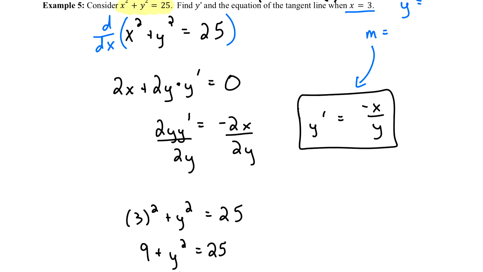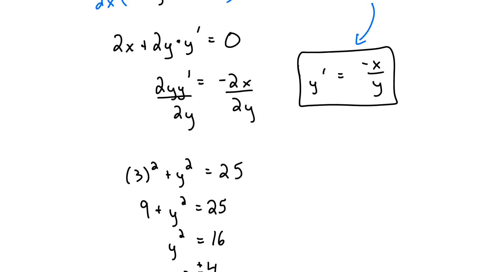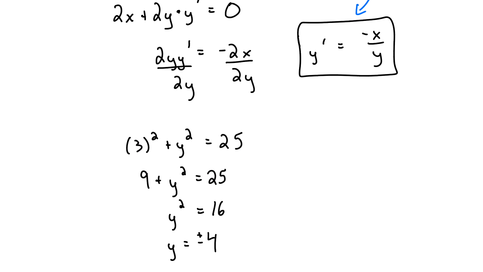What's cool about implicit differentiation is that we can work with things that are not functions. If you were to graph this equation, and I have some pictures up right below this video, it's actually the graph of a circle. Now, I said to write the equation at x equals 3.